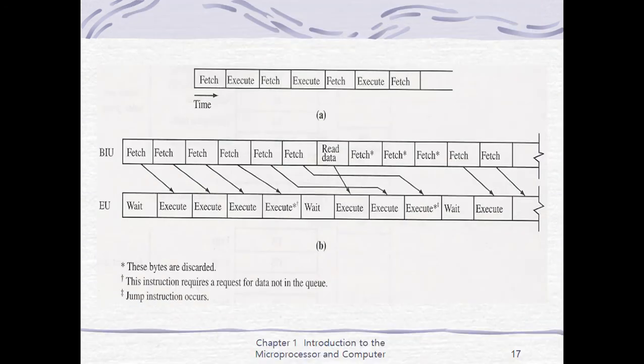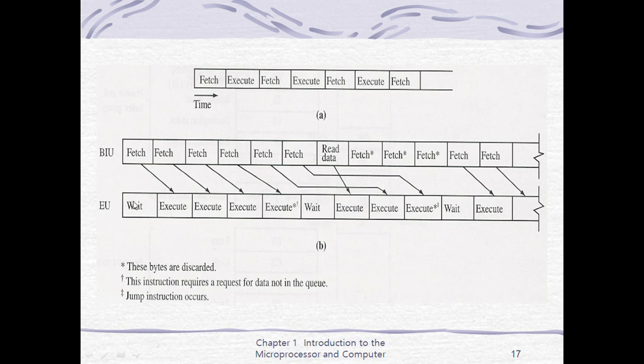With these two units, an instruction cycle can be divided into two phases. For example, the bus interface unit is responsible to fetch an instruction, while at the same time, if there is no instruction to execute, then the execution unit is waiting.